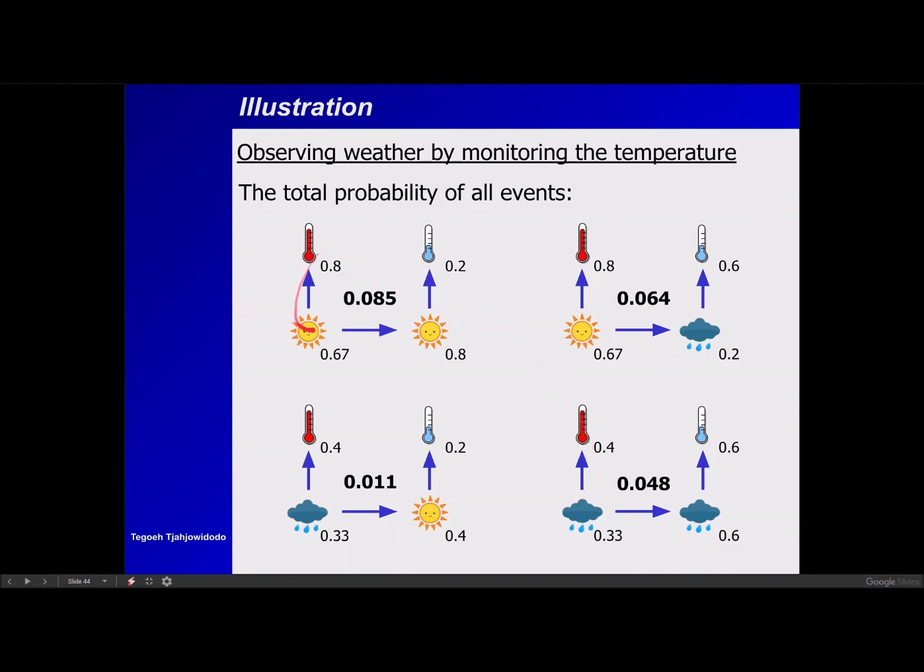So from these four scenarios, we just select the one with the highest probability. In this case it is the first one, 0.085. So we can conclude at this point that the highest probability is that the weather will be sunny in these two consecutive days.